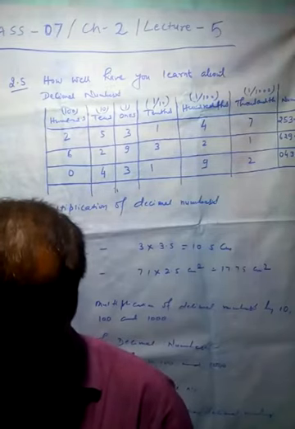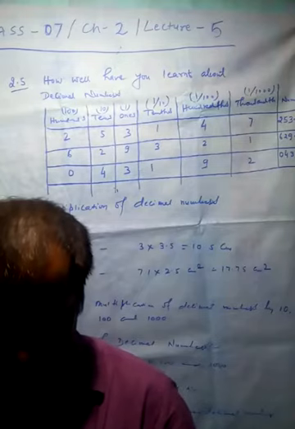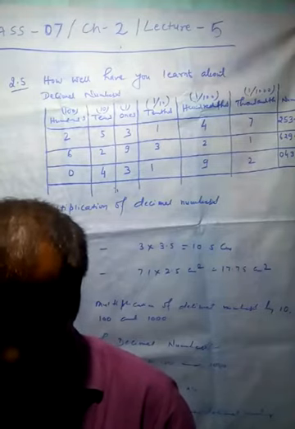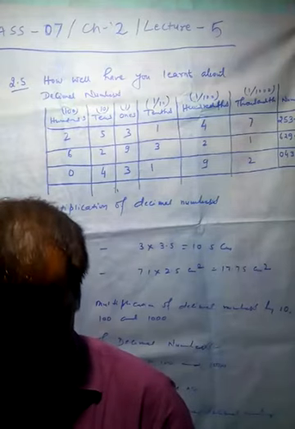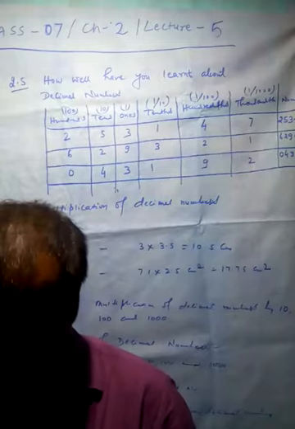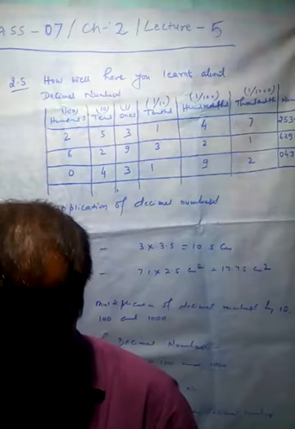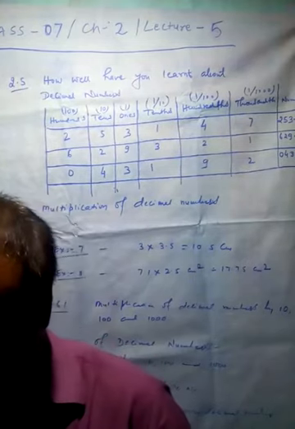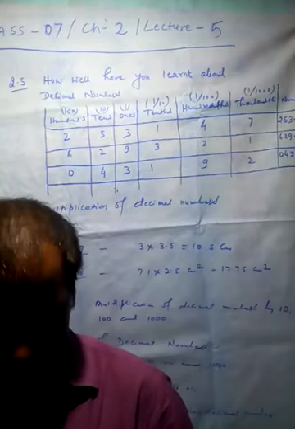So divide this 1 by 10th part into 10 equal parts and take one part out of it. The dotted square is one part out of 10 of the 1 by 10th part. That is, it represents 1 by 10 into 1 by 10 or 0.1 into 0.1.